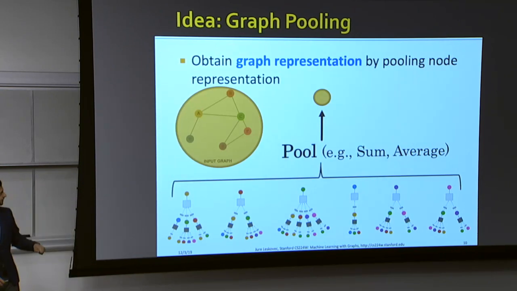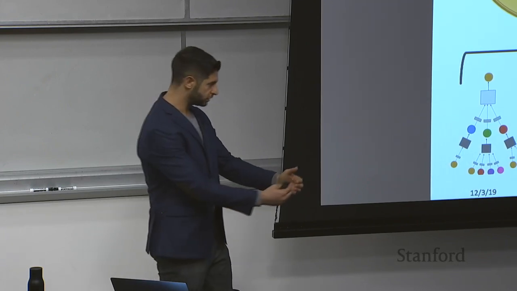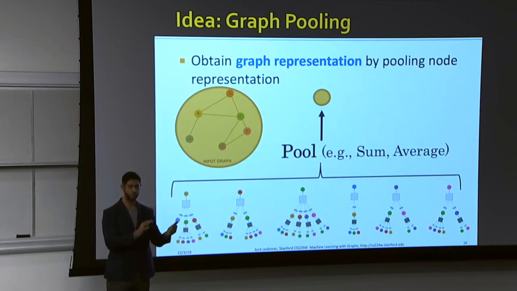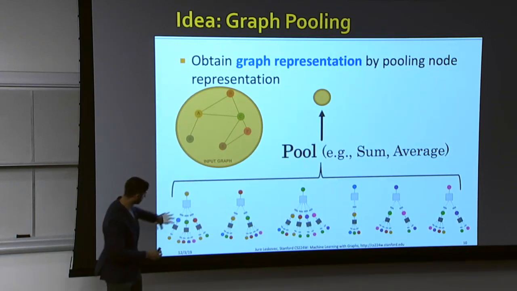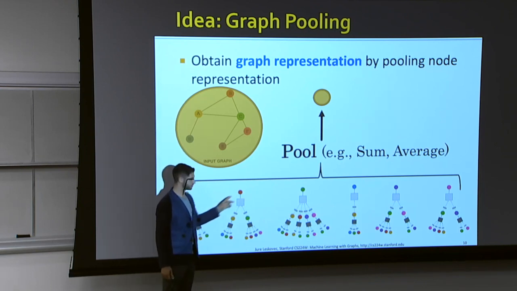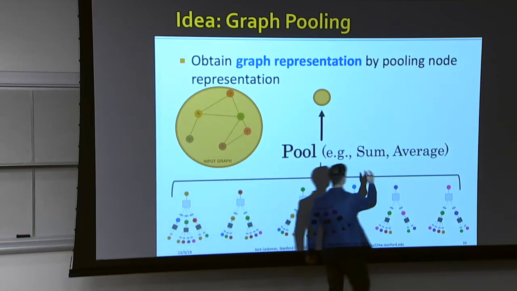And one last idea that I want to refresh, which is going to be also useful during today's lecture, is the fact that we can bring this pooling to the next step and not only do it at the level of producing the node representations. So we don't only use it to aggregate over the neighbors, but we can take all the different node representations of the nodes belonging to our graph and then pool them. And we can pool with different strategies.